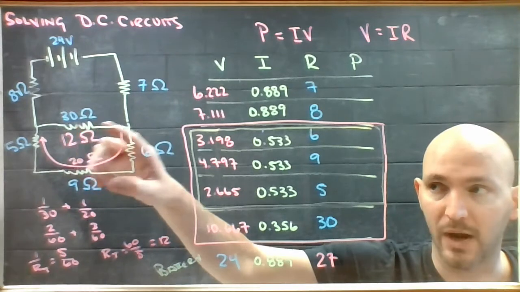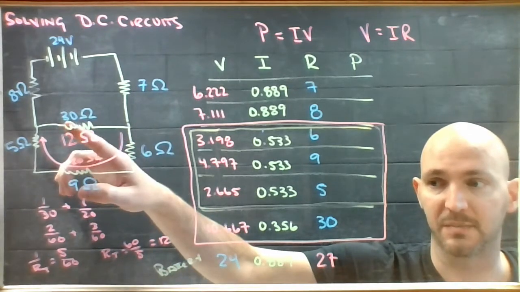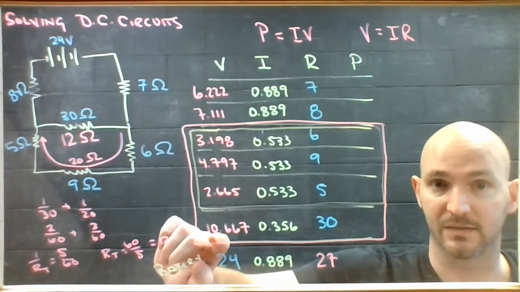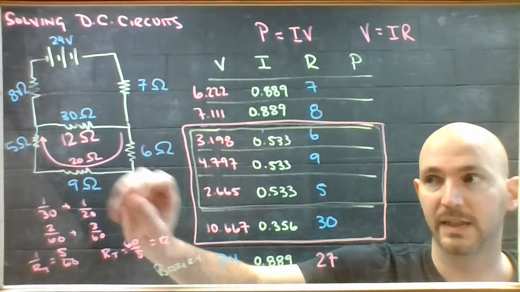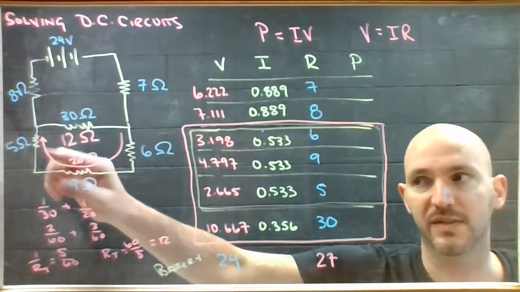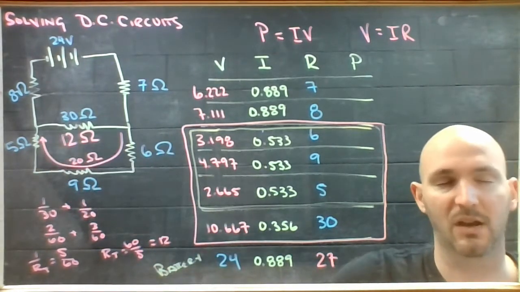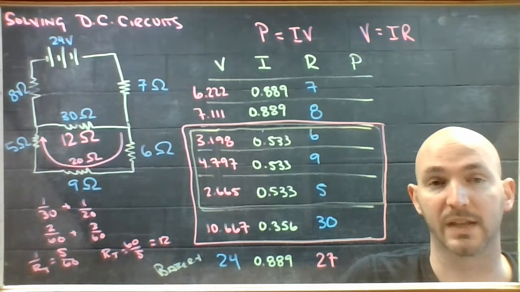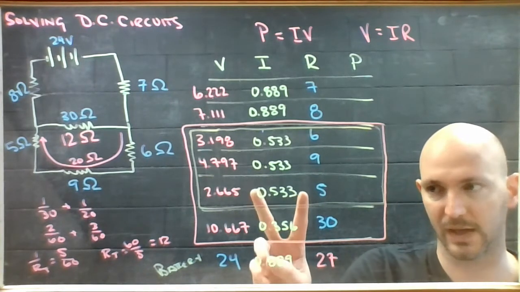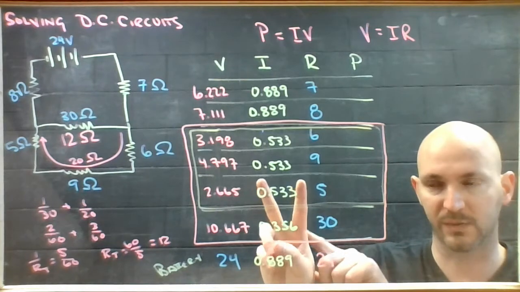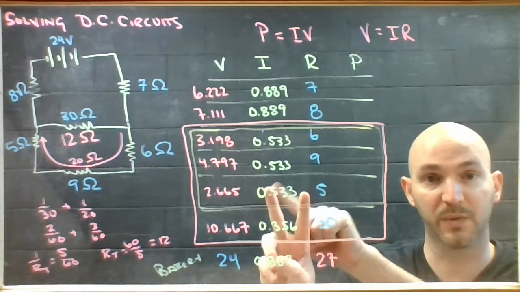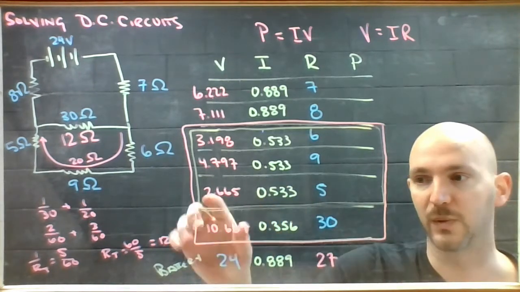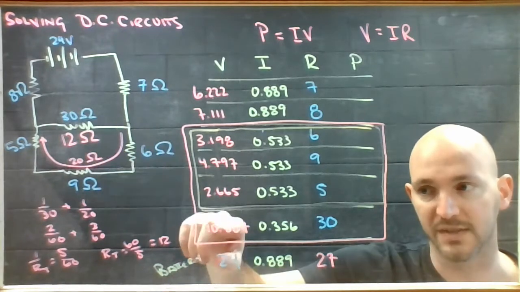If this branch of the parallel structure is experiencing 10.66 volts, then this branch must also be experiencing that. That happened in both of the examples before that had parallel structures. Once you had a split, whatever voltage was happening here was applied to both branches. So on this branch, one resistor bore all of it.